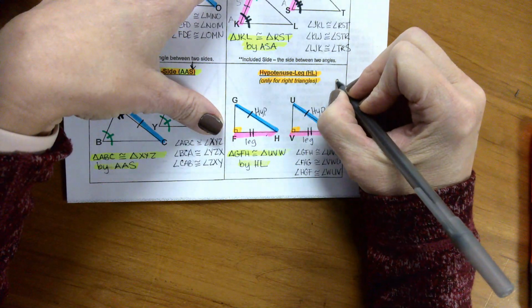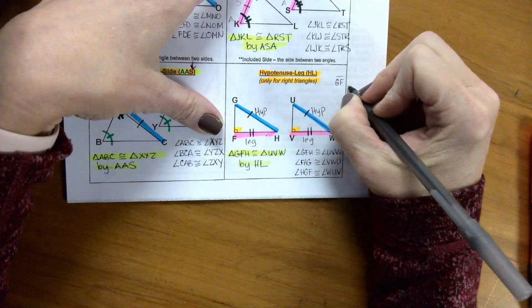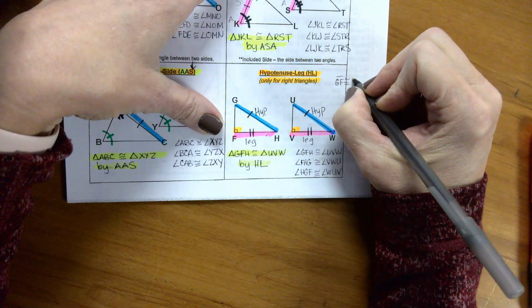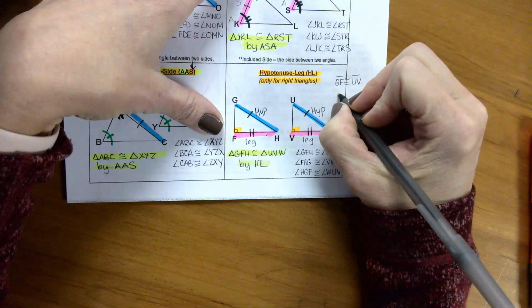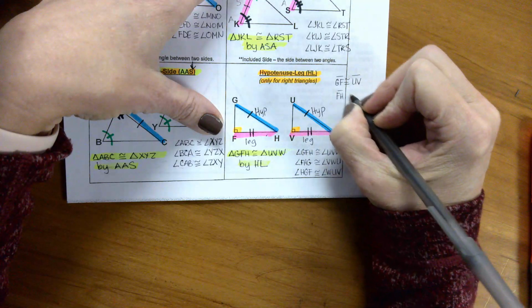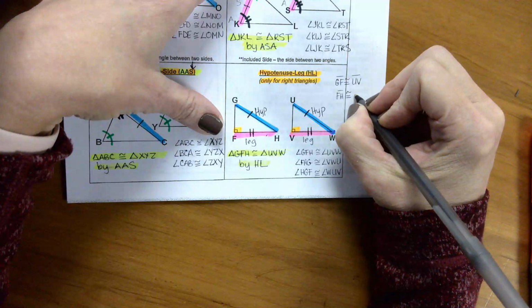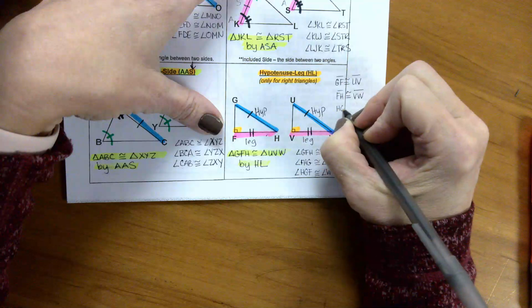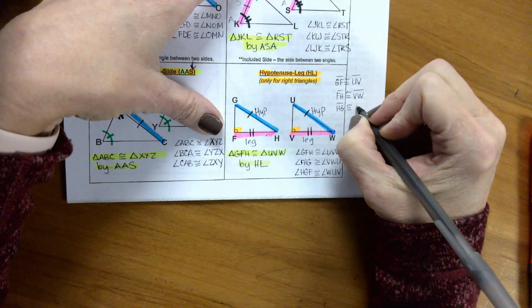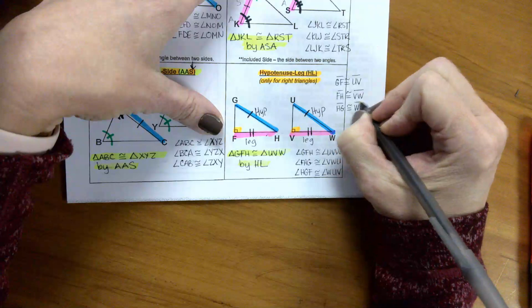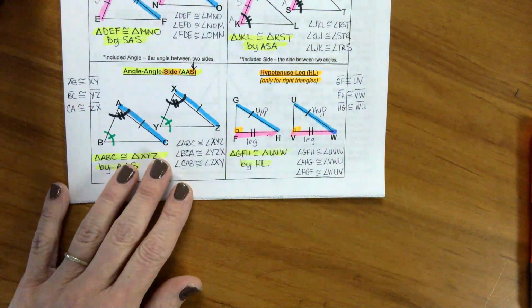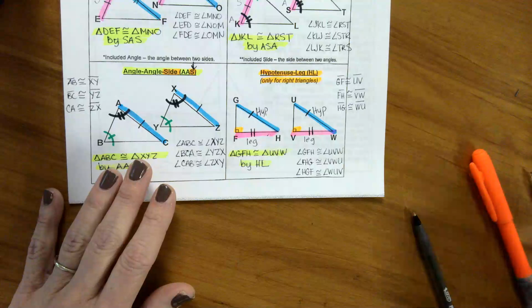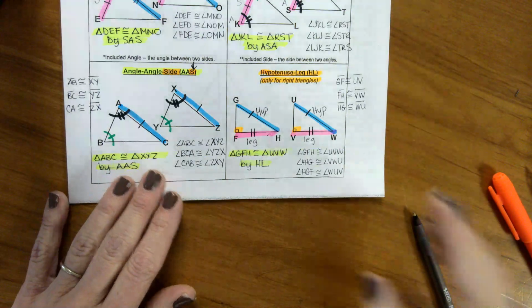Okay, so our sides, GF is congruent to UV, FH is congruent to VW, and HG is congruent to WU. Those are all of our triangle congruences.